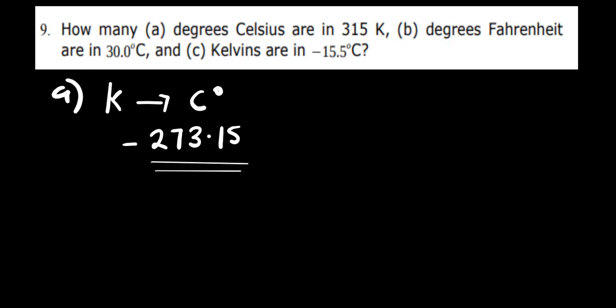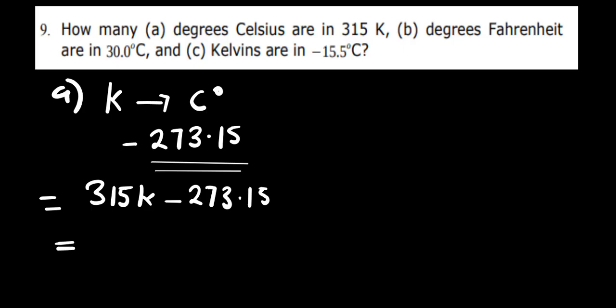Let's first solve the first question. We have 315 kelvins, and now we're trying to convert it to degrees Celsius. So you always subtract 273. When we subtract, what are we going to get in terms of Celsius? We're going to have 41.85 degrees Celsius. So this would be our answer for A.